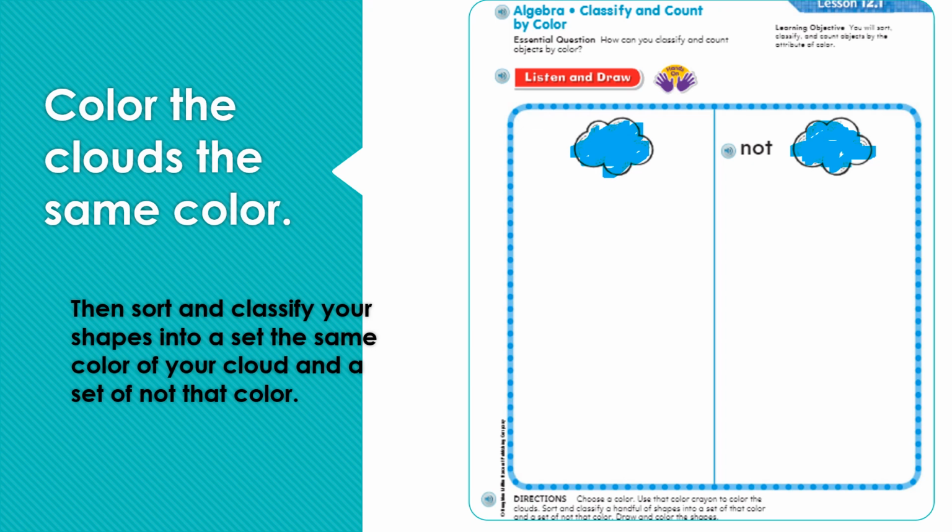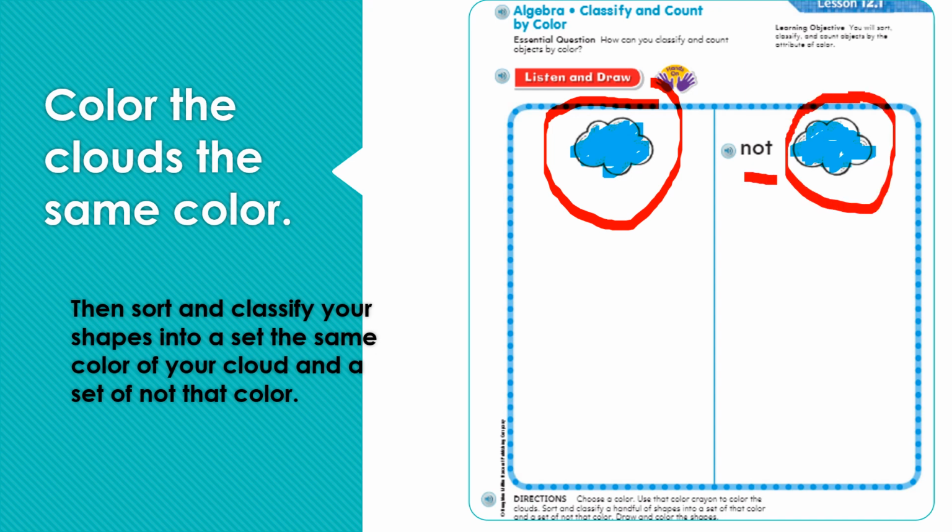We have blue, and then over here it says not blue, or whatever color you've chosen. You're going to sort those shapes that you have in the bag according to whatever is blue you'll put on this side, and whatever is not blue you'll put on this side.